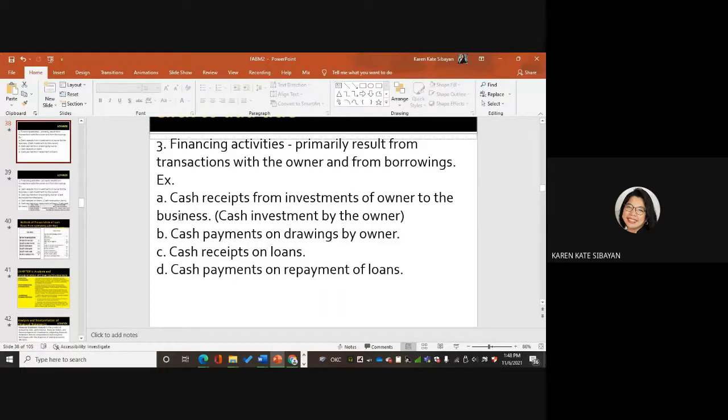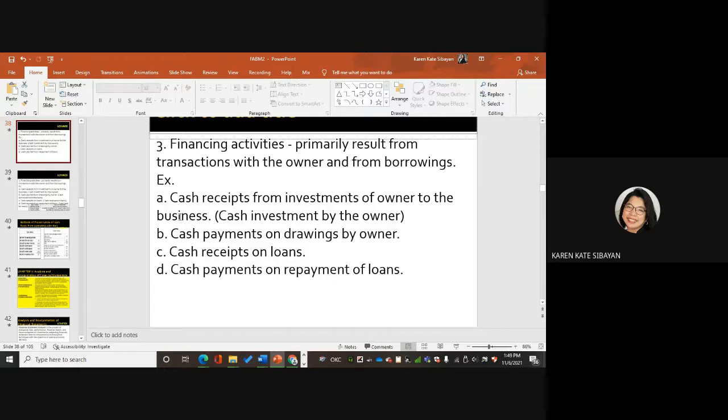Cooperative. Receipts of interest payments, ayan. Refunds from suppliers. Sinend ko to sa inyo class pinicturean ko to by images. Refunds from suppliers and of course, cash collected from a lawsuit.